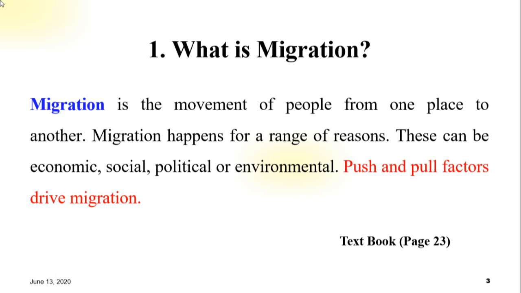Migration happens for a range of reasons. It means migration has many reasons for people to migrate from their place. All the reasons can be economic, social, political, or environmental.